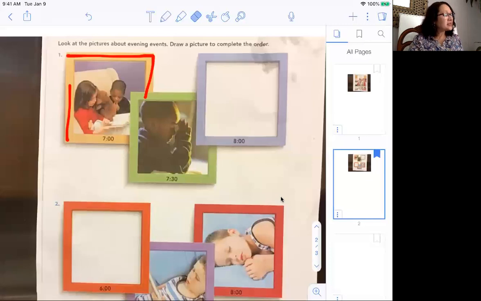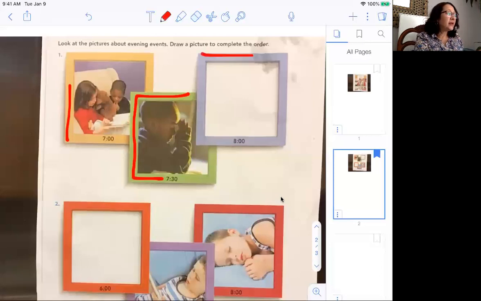And then the next one, the green frame, what is that little boy doing? What is the little boy doing right there? He is praying, right? He's praying, and that's 7:30. So he finished reading his book with his sister and then is praying. Now, look at the blue frame. The blue frame is blank.